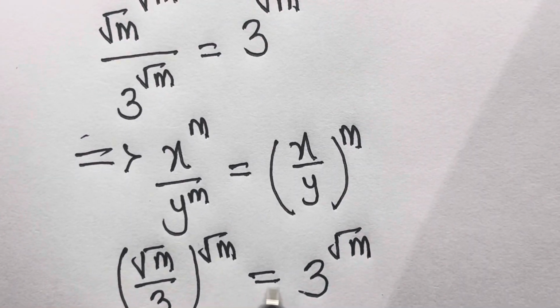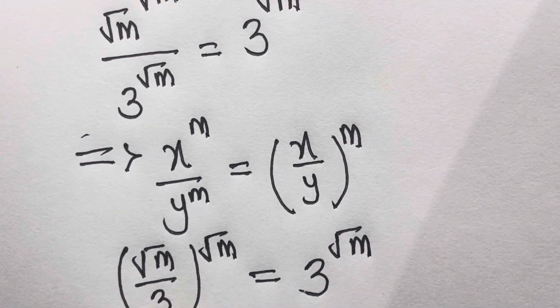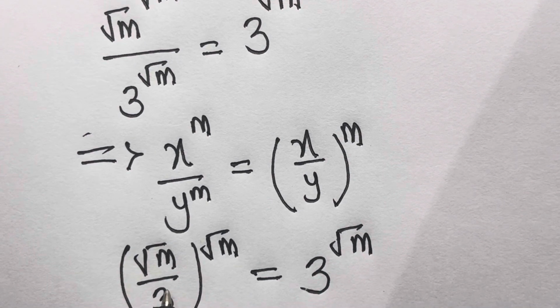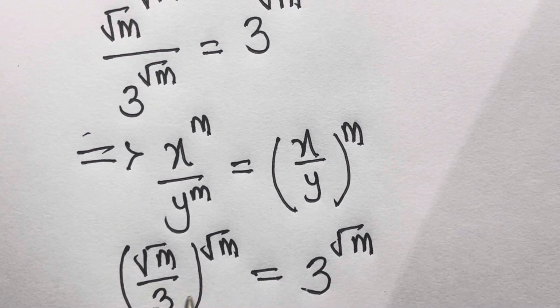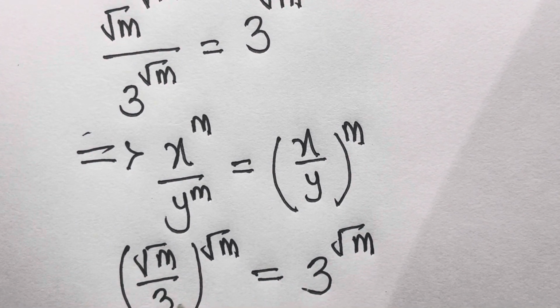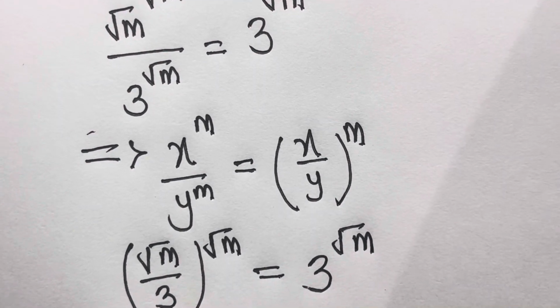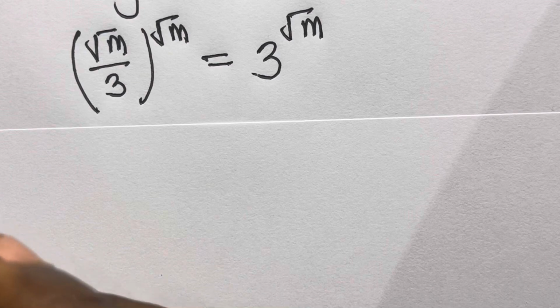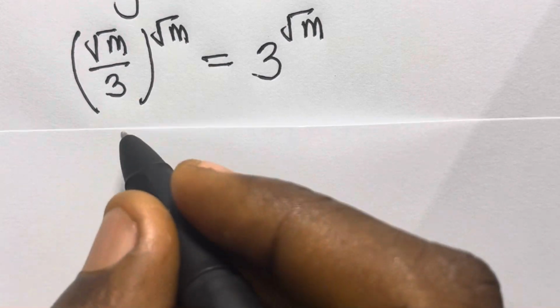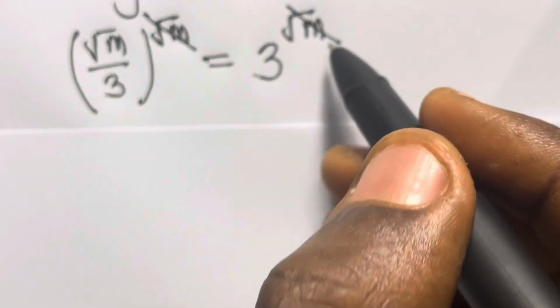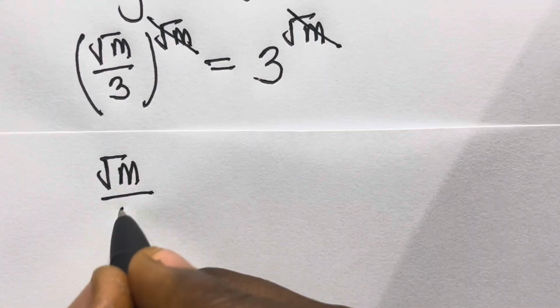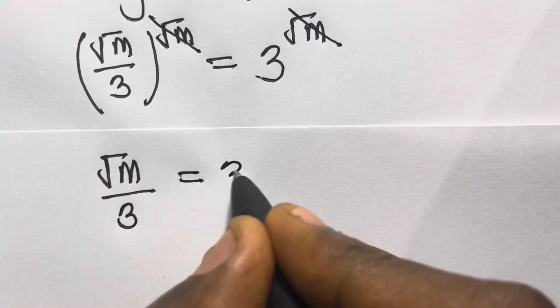So if you look here, both the left hand side and right hand side have equal powers. Therefore their bases are also equal. So if their bases are equal, we have, this we said will cancel this, so we have square root of m divided by 3 equals 3.